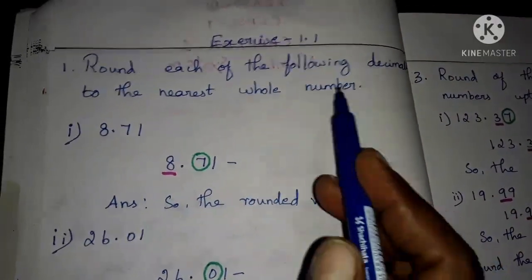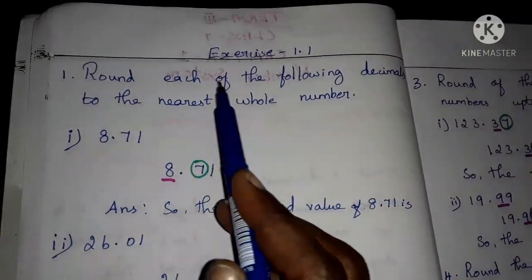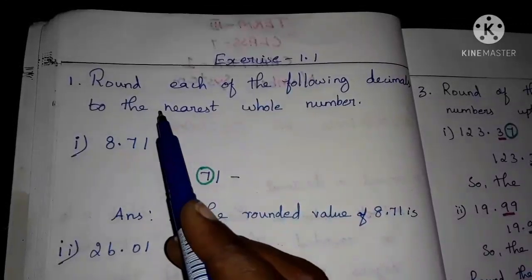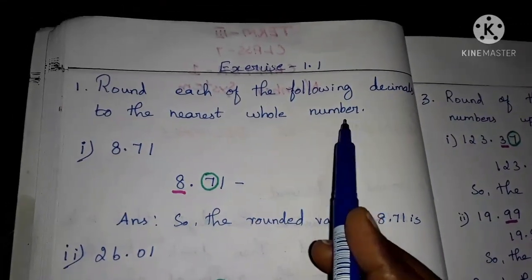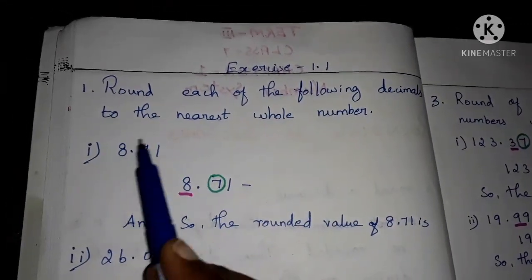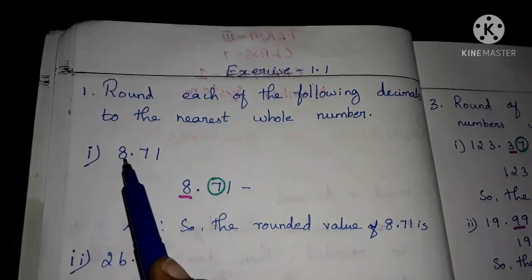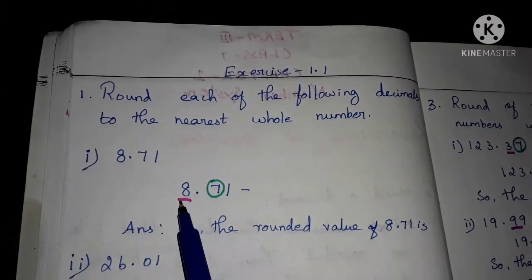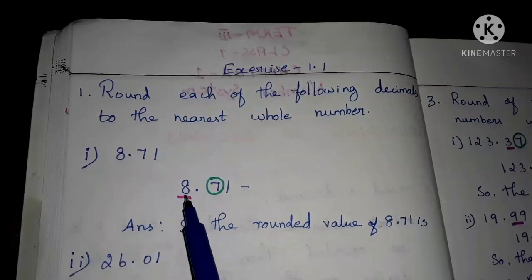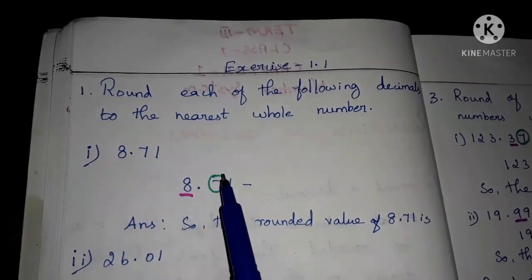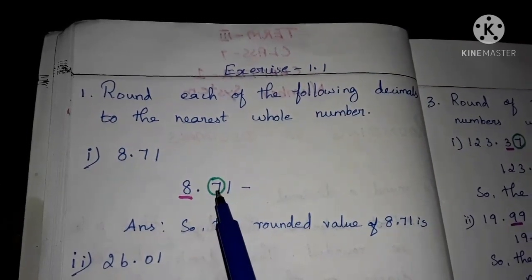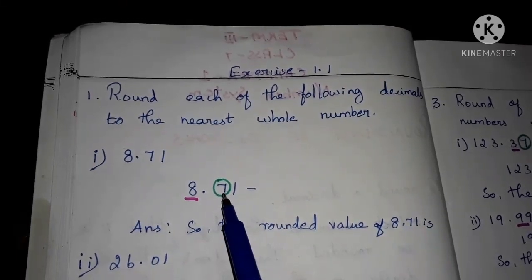So exercise 1.1. Round each of the following decimals to the nearest whole number. They have given the decimal number, and we have to round it to the nearest whole number. So underline the whole number. Next, what is the next rule? Look at the right side of the underlined digit.